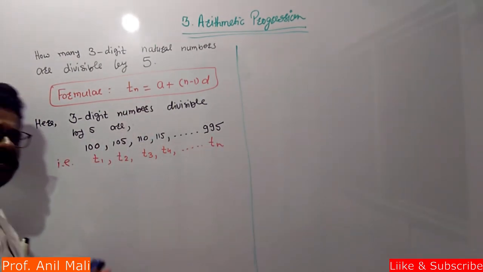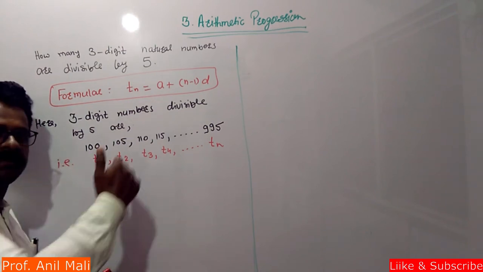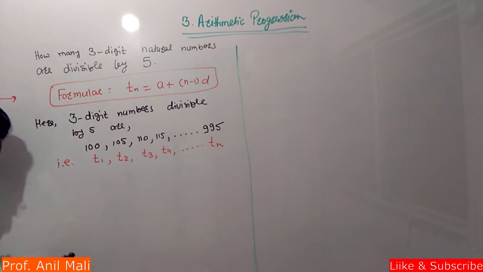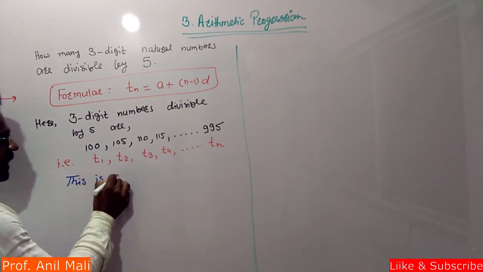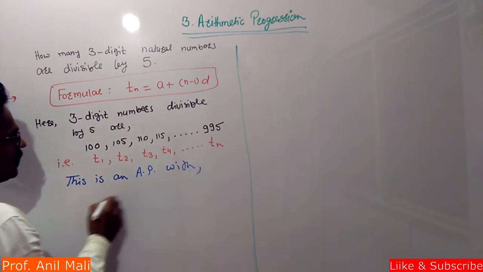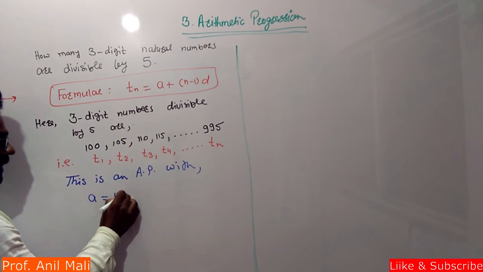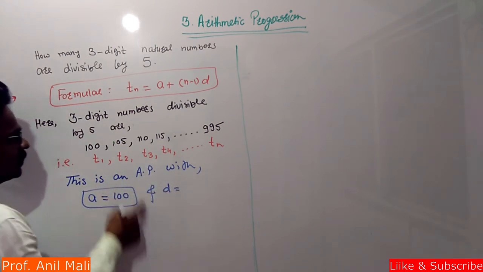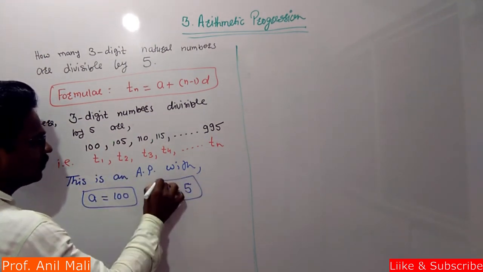So this is an arithmetic progression problem, because every time the number is increasing by 5. This is an AP with first term A equal to 100, and D is equal to 105 minus 100, which is 5.